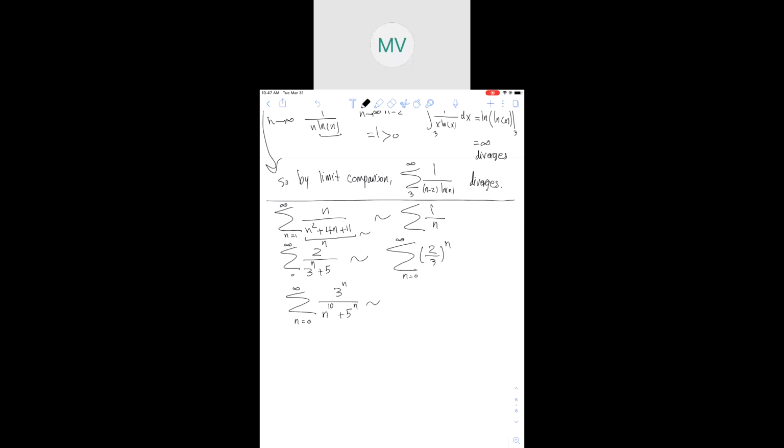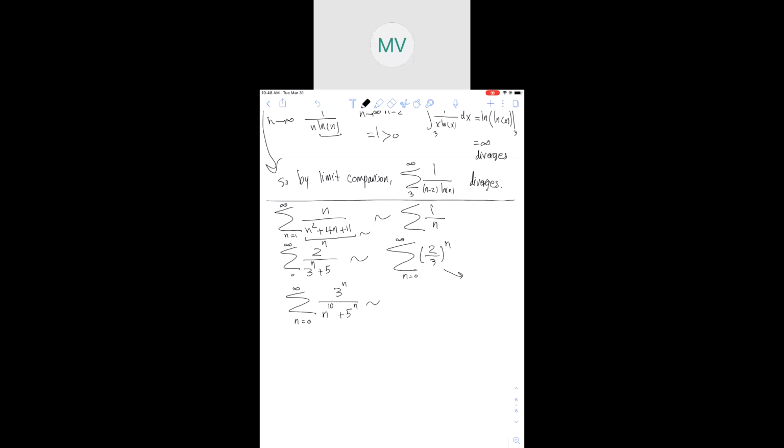Right? So you can set up the limit. And by the way, what do we know about this guy? Does it converge or diverge? And you have to tell me why. It converges because it's geometric with a ratio less than 1. Absolutely. And you'll see this one converges. The left one, the original one, converges as well.